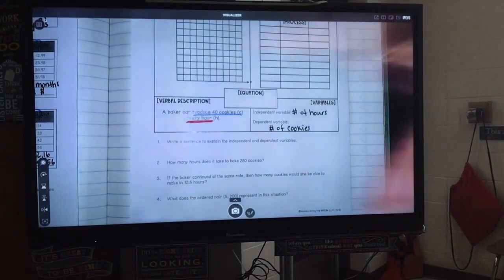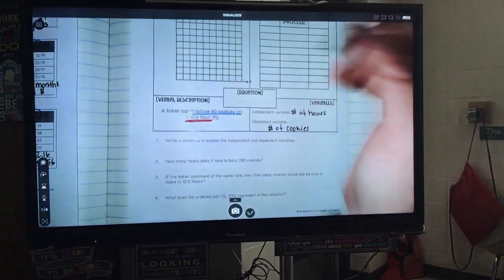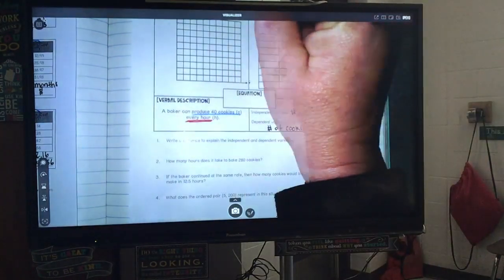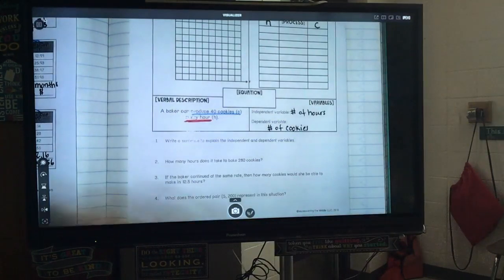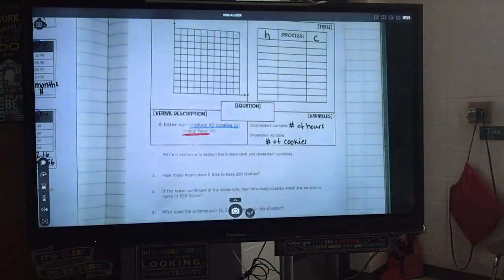Now, in your table over here, this is gonna be H, this is gonna be C. What does the H represent?